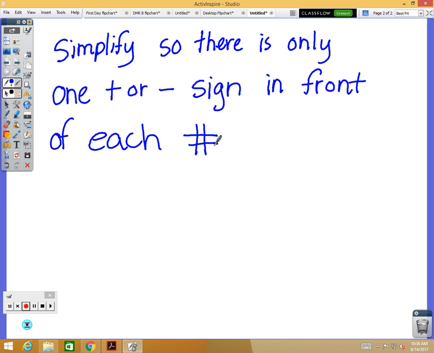Simplify so there is only one plus or minus sign in front of each number. We don't always have to do this step because sometimes there aren't two signs right next to each other. But when there are, we want to simplify. Okay?